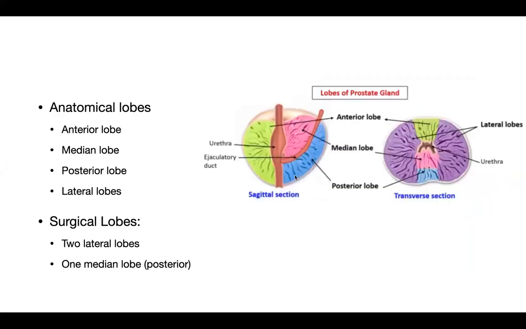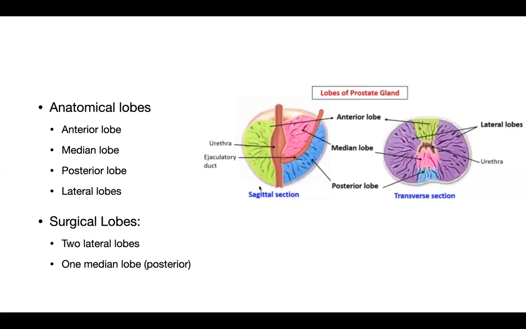The other aspect of the anatomy is that the prostate is divided into different lobes. We have the anatomic lobes, and we also have surgical lobes.